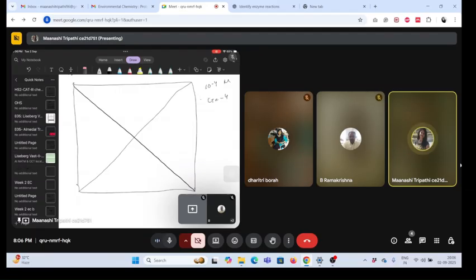Now for this we have 2 Ka values, right? So let this be pKa1 and this be pKa2. The values near this point will also have some buffering capacity.